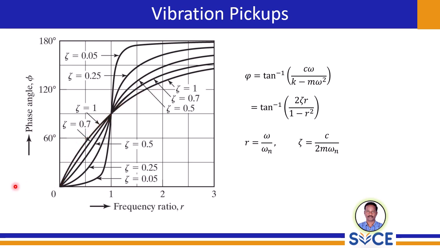Understanding both the amplitude and phase response characteristics is crucial for correctly interpreting the output of a vibration pickup and for selecting the appropriate type of pickup for a given measurement application. We need to consider the frequency content of the vibration we are trying to measure and choose a pickup whose amplitude and phase response are well behaved in that frequency range.